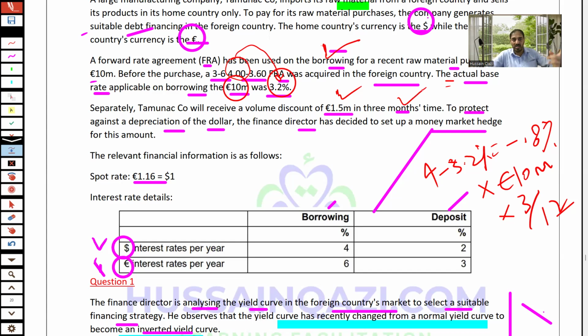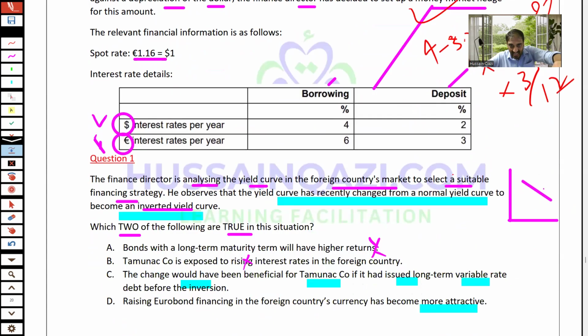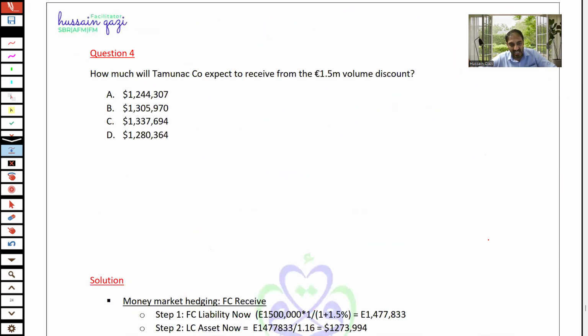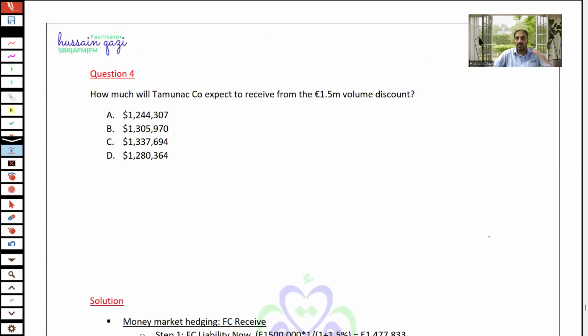3 months' time, to protect against the appreciation of dollars, the finance director decided to set up a money market hedge. So connect the thing with this case. That's why read the question very carefully. Number 1, money market hedging, the concept.